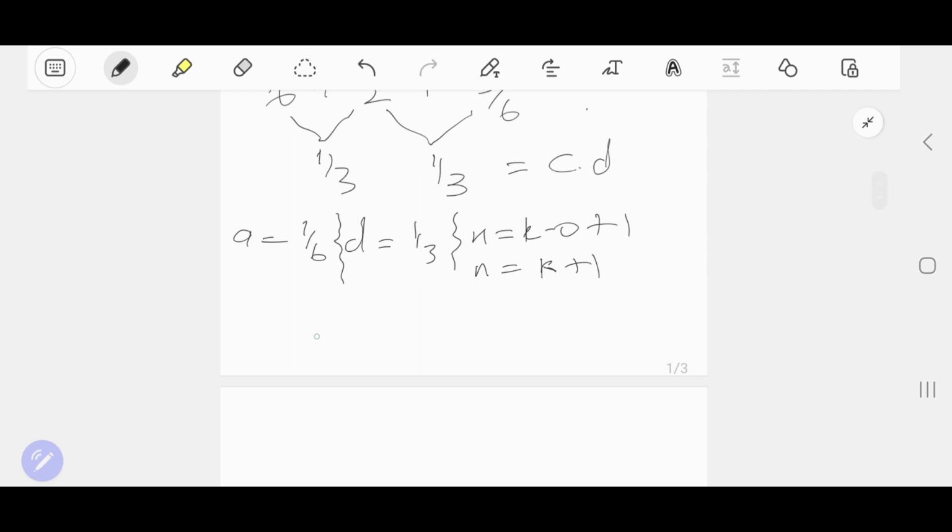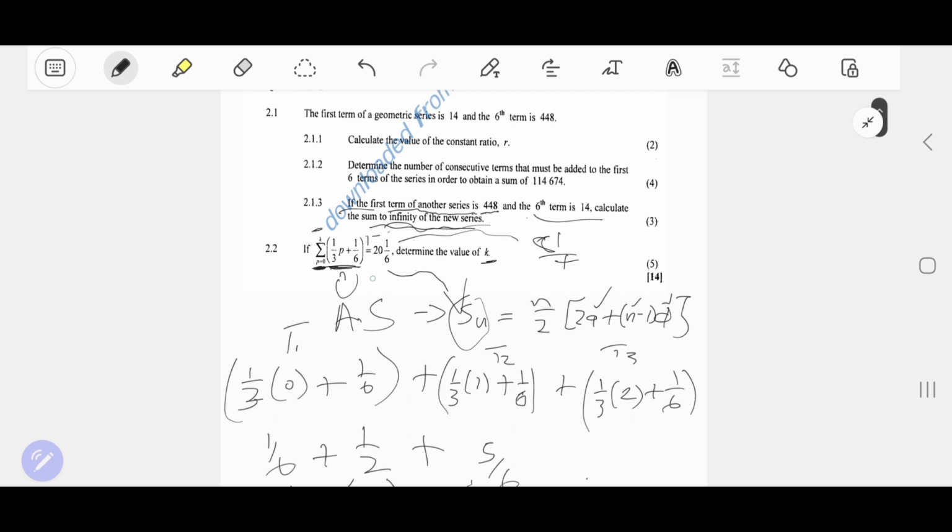So now I'm going to substitute in my formula for Sn. It's going to be n over 2 times (2a plus (n minus 1) d). So we have our a, our n in terms of k, and d, and you remember we were given the answer Sn, which represents our sigma notation.